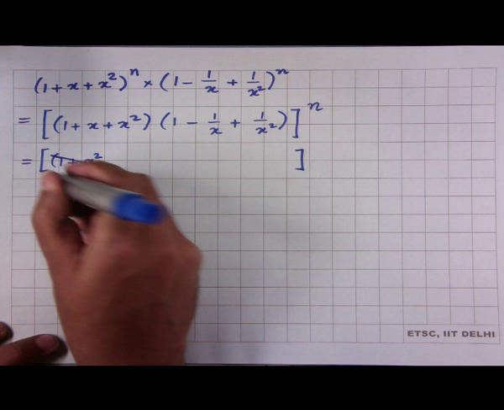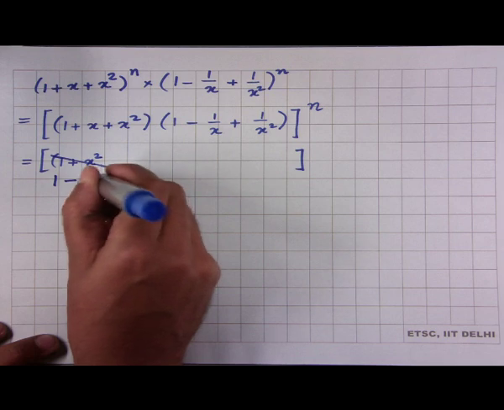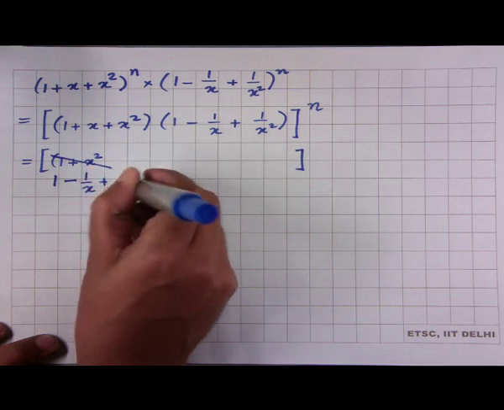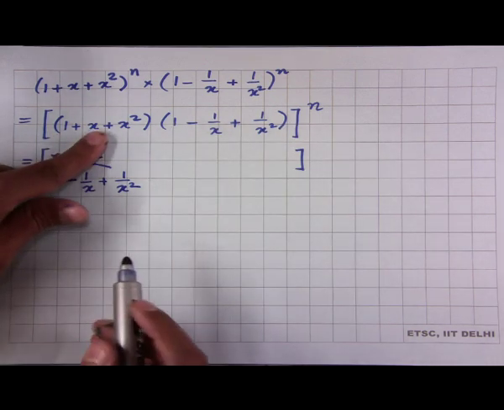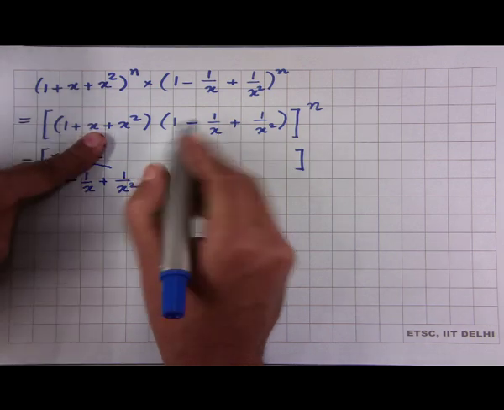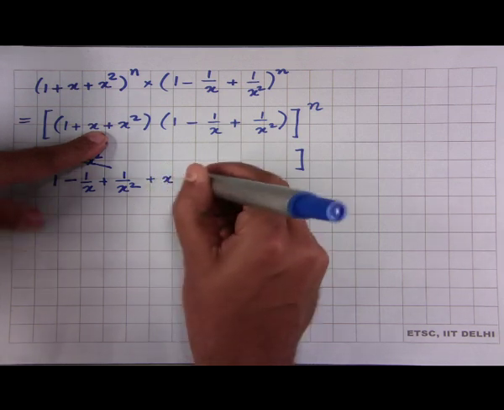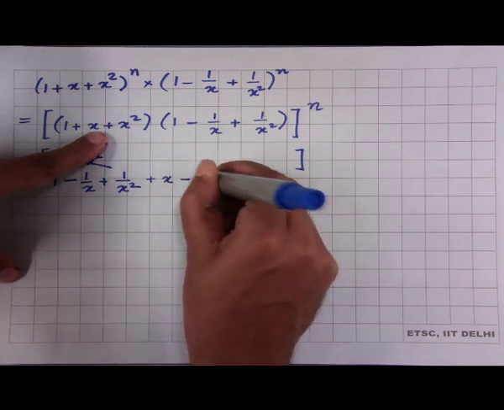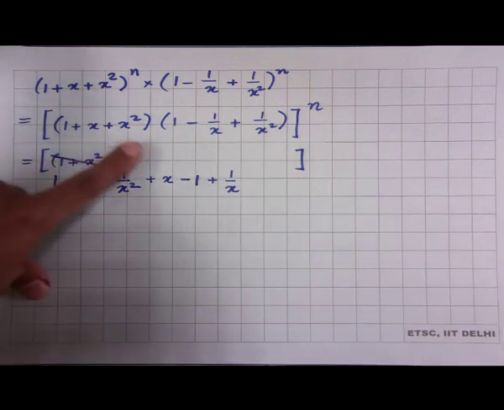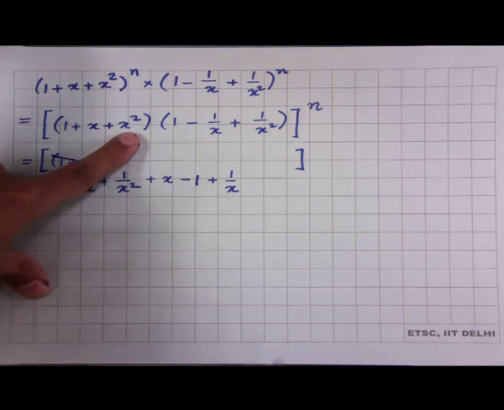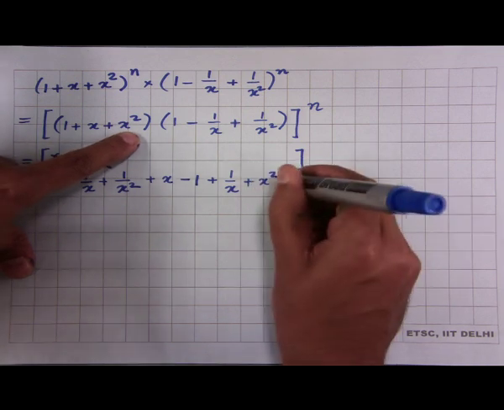I have a 1 minus 1 by x plus 1 by x squared. So, I multiplied 1 with all these 3 terms, then I take the x and multiply with all these 3 terms. And finally, I take the x squared and multiply with these 3 terms.